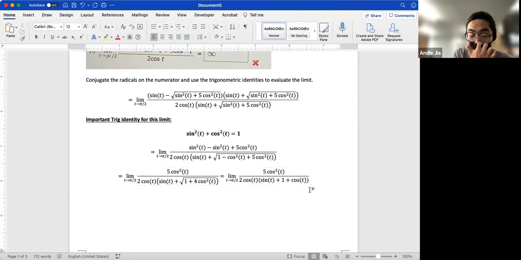Is this a lot easier, better than the original one, right?